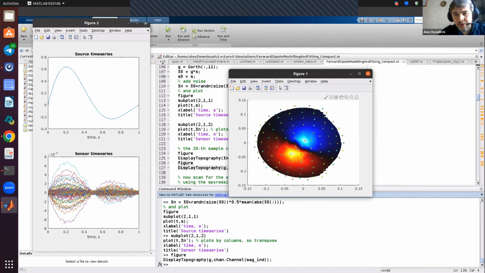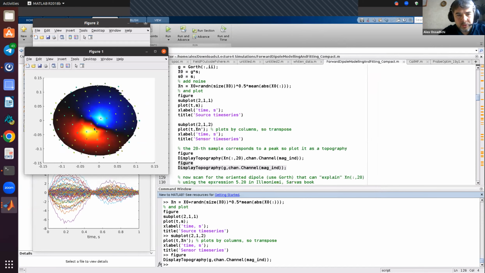Then you multiply this topography by this time slice, G times S, and then you get your data. For each time slice, you get multiples of this topography plus some noise, because it's the same G multiplied by different values: small, zero, something big, something negative, but essentially the shape is the same.